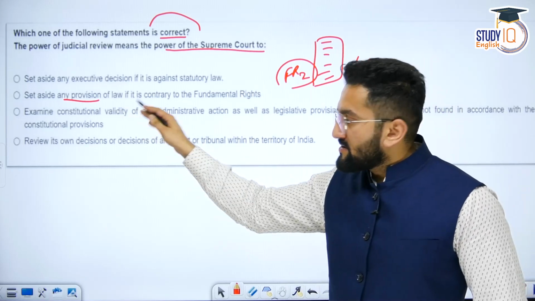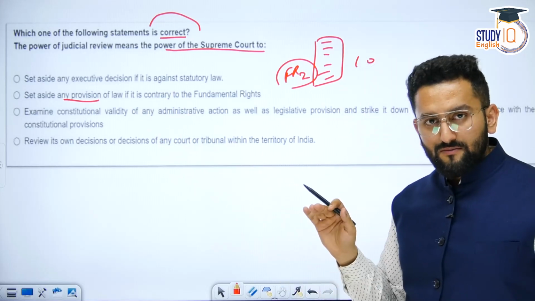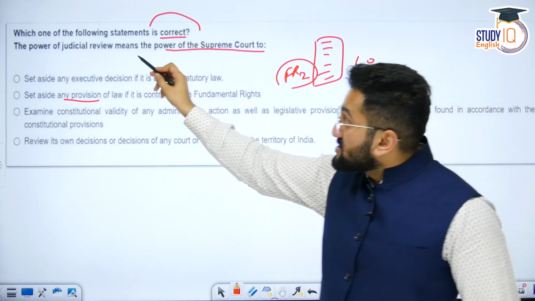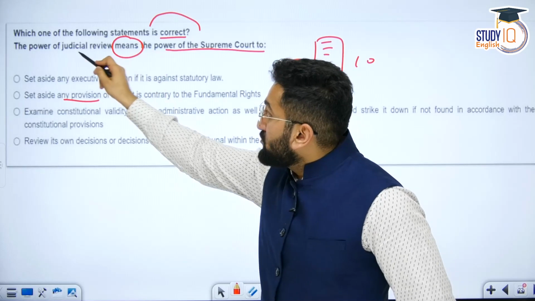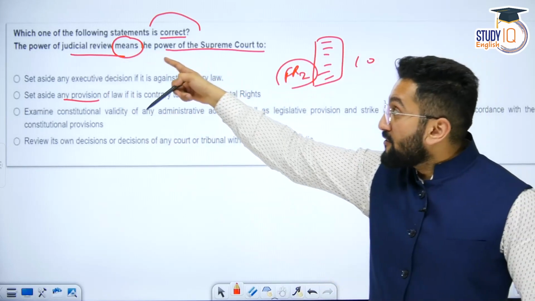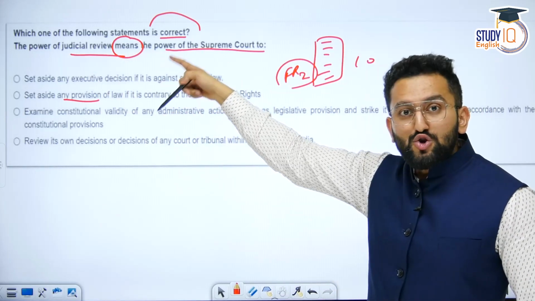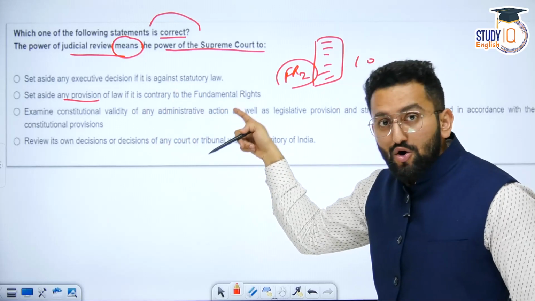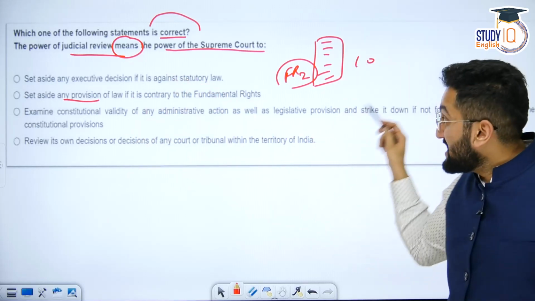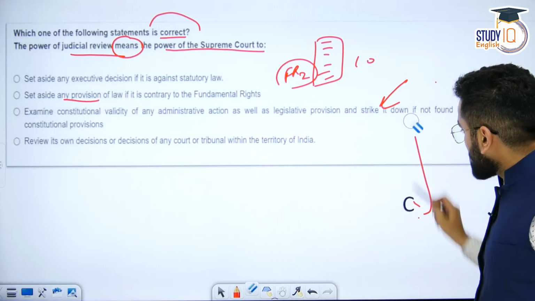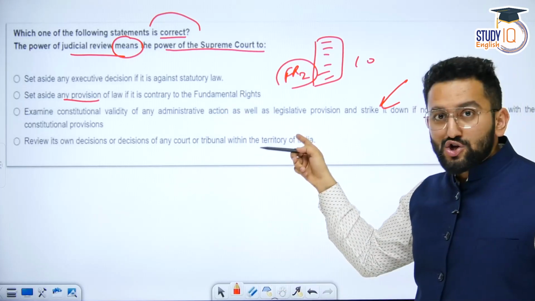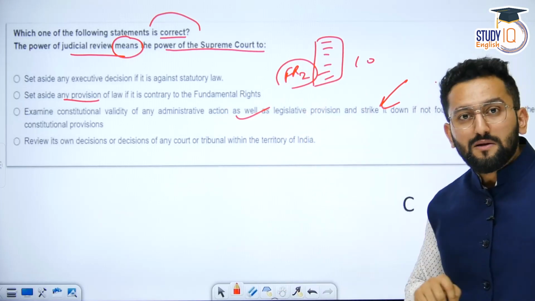So it means it can set aside any provision of law, right? But in this question statement, the word is judicial review means. The power of judicial review means. So do you think it means just that, or it means the third statement? It means the third statement. This is the actual meaning. And since this is the actual meaning, that is why the statement is correct. This is the answer.